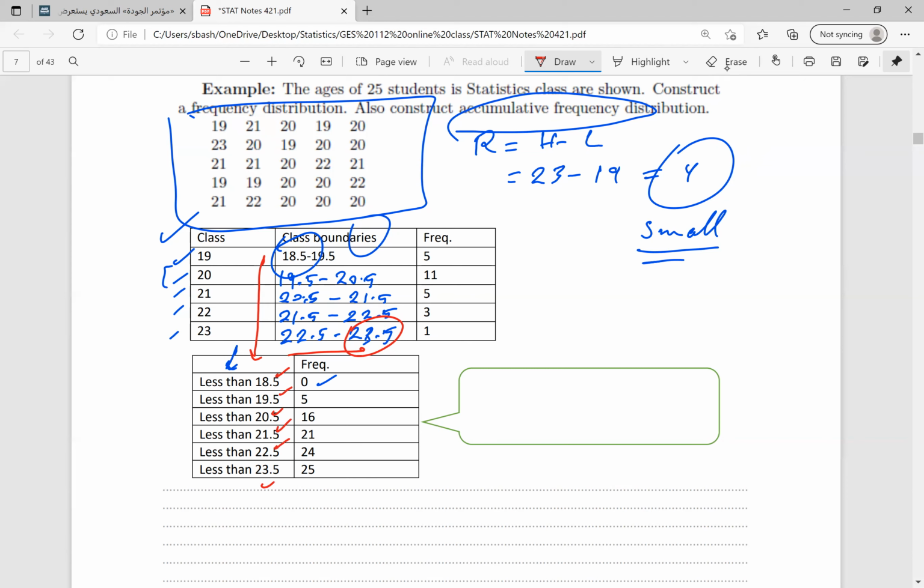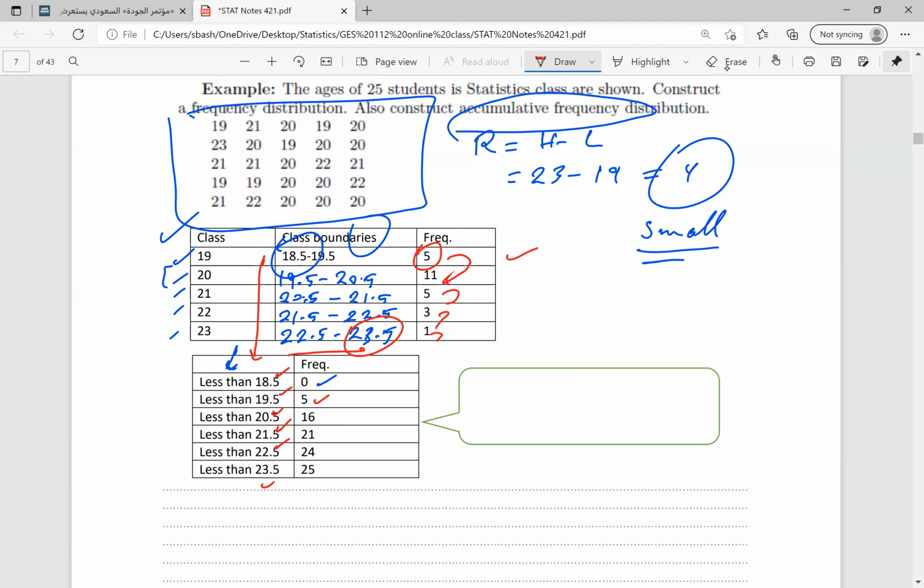Now for the frequencies, we started with 0. Now we are going to add. Next step, 0 plus 5 is equal to 5. So less than 19.5, it is 5. Less than 20.5 means the first two frequencies.